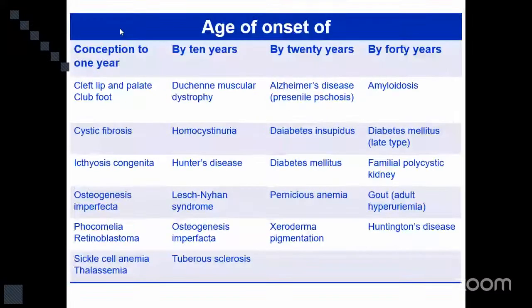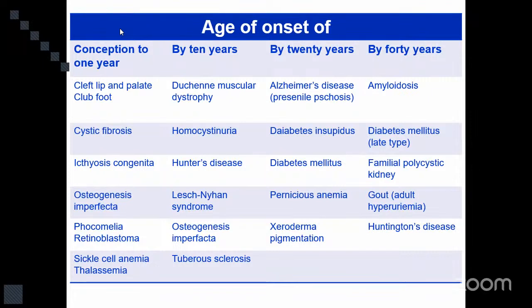The age of onset, remember we talked about chronological age. So now, one of the things you must also keep in mind is that you cannot just declare that the disease does not run in a family if the people are not able to reach the age at which the disease can manifest.